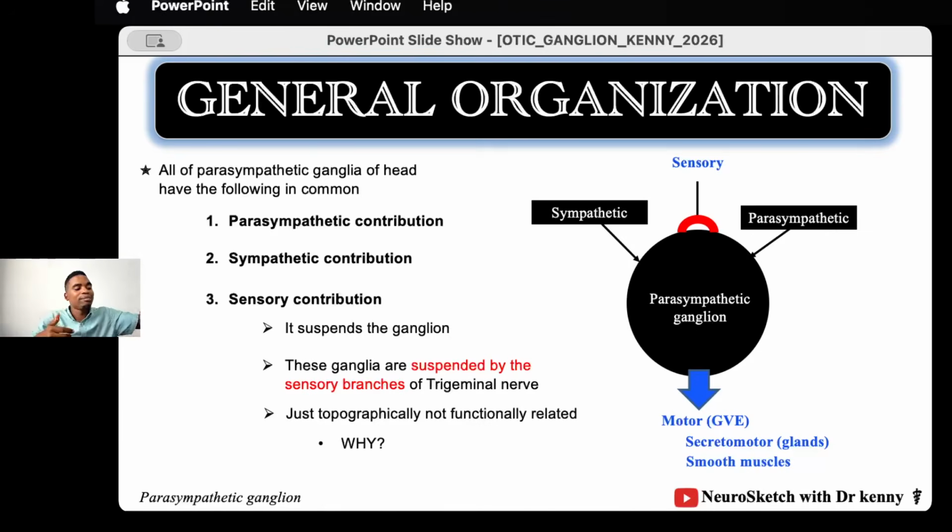So they are intentionally suspended by the sensory branches of the trigeminal nerve to make sure that they reach different places where they want to supply parasympathetic innervation. Does it make sense? Because the trigeminal nerve reaches a lot of places of the head, these ganglia are suspended there intentionally so as to supply.